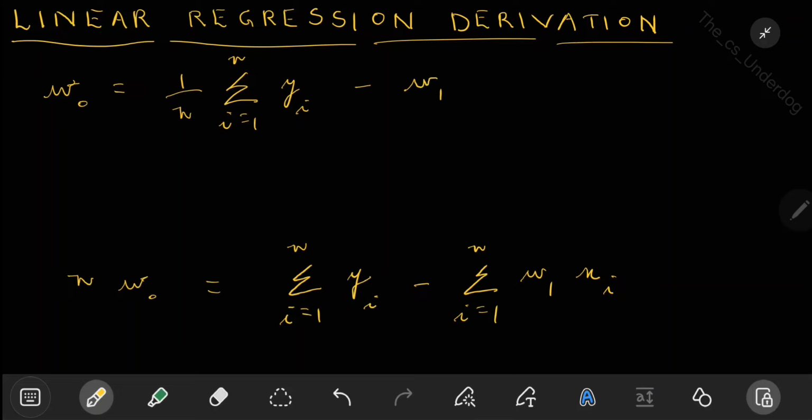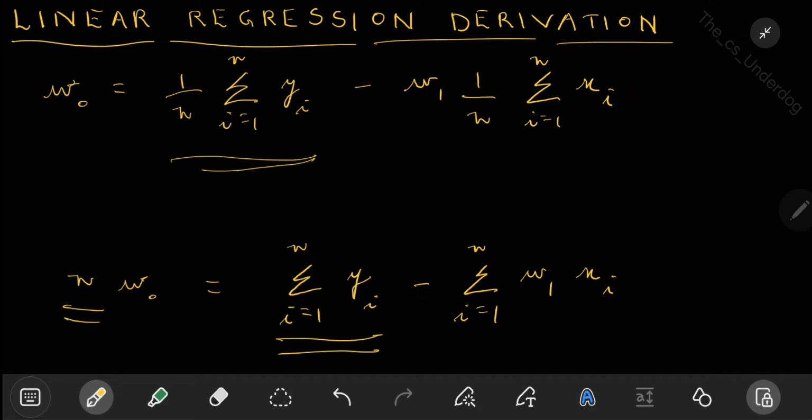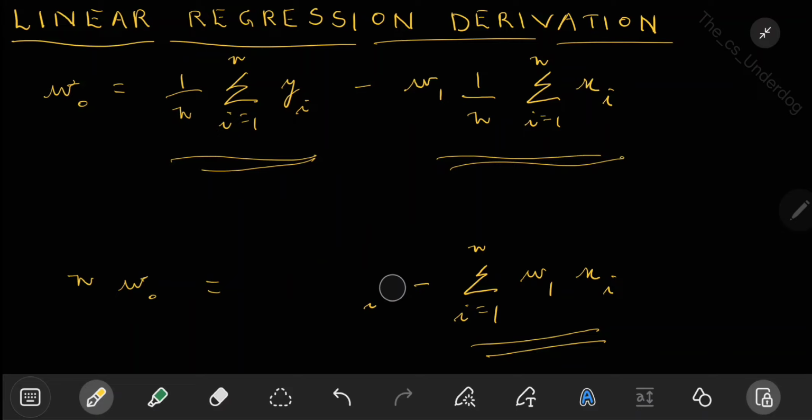So W1 into 1 by n into sigma i equal to 1 to n xi, right? It is fine till this point. I took this n to the right hand side, so it became 1 by n.